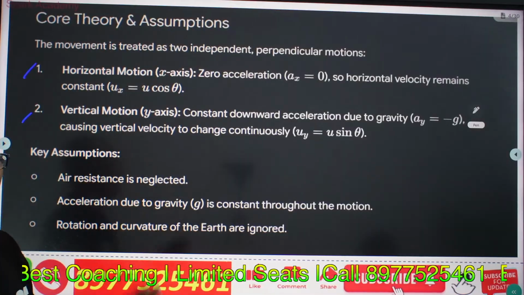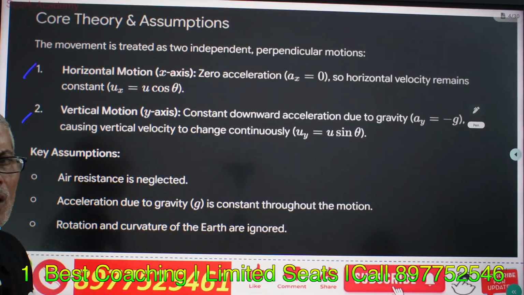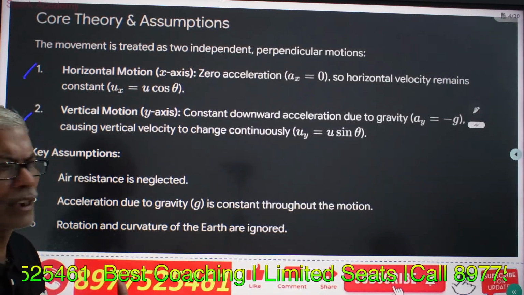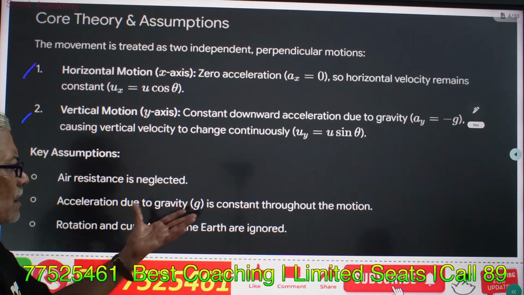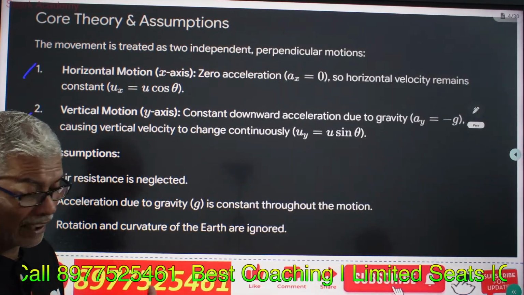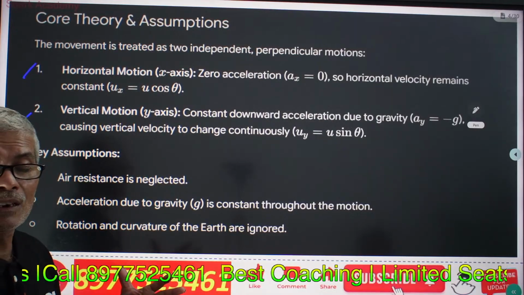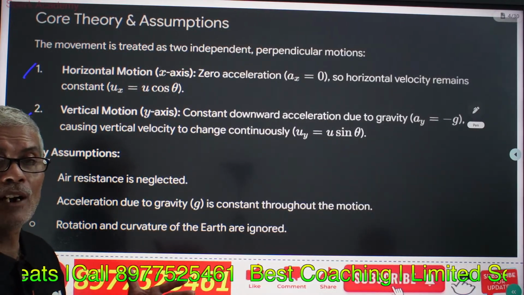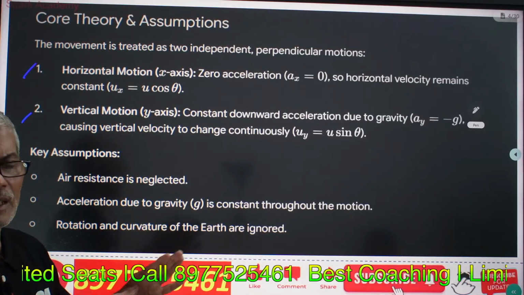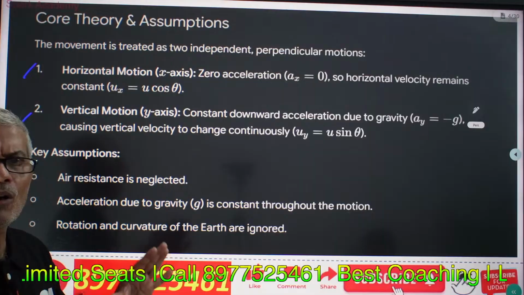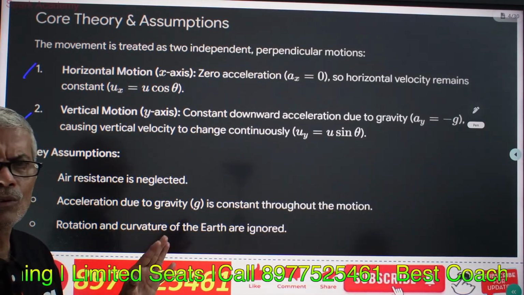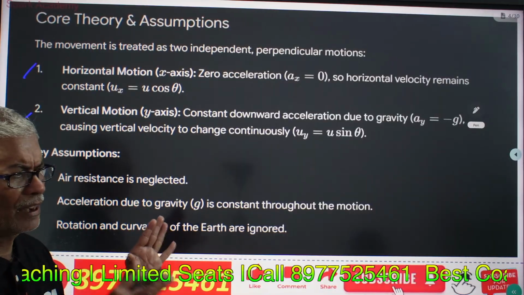See, in high level research, let's say DRDO and all, you cannot have control over air resistance. And of course, acceleration due to gravity will be constant, I agree. But actual acceleration due to gravity, nobody knows. 9.8 meters per second square or 9.74, that is a tentative value. Actual value of g is found out at one place, at NGRI.